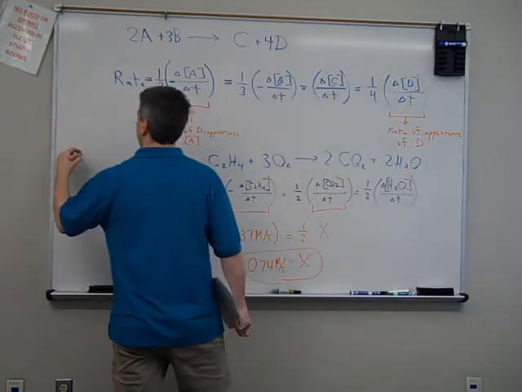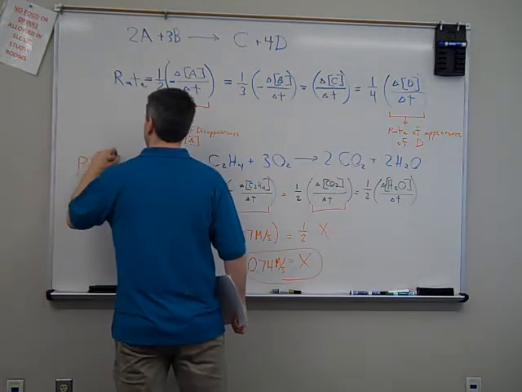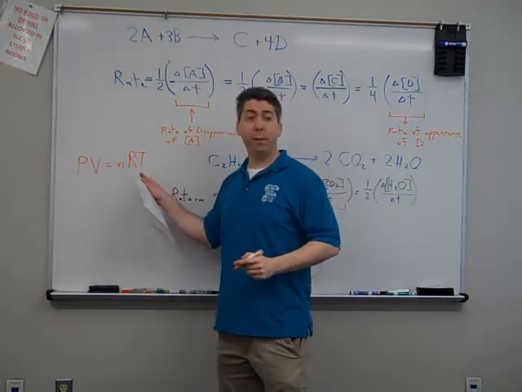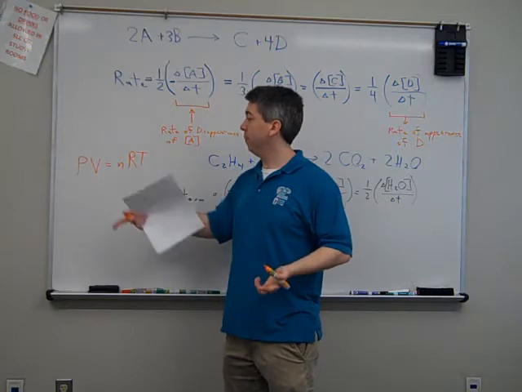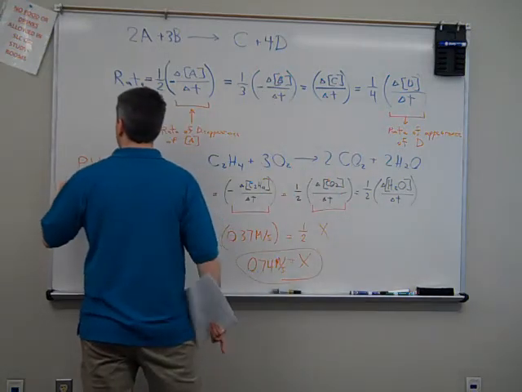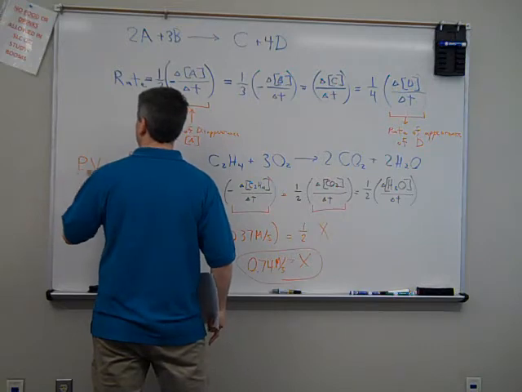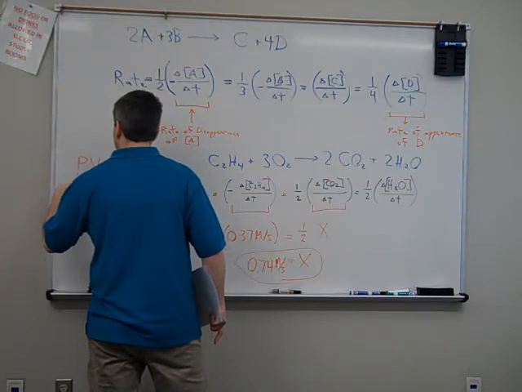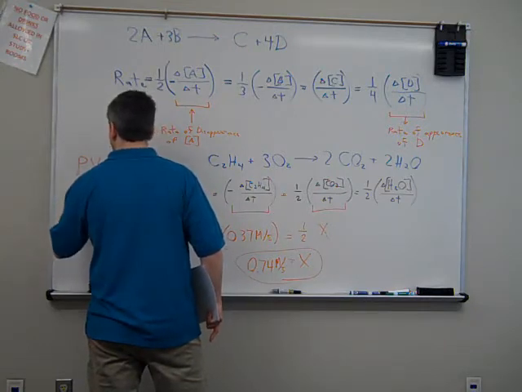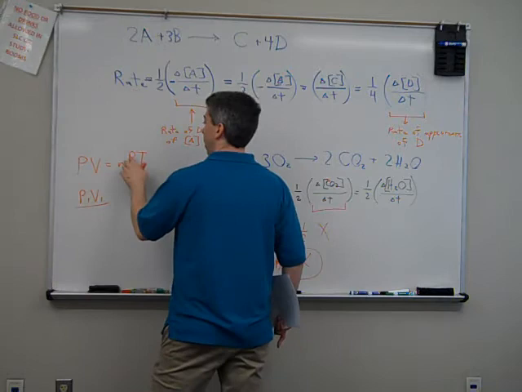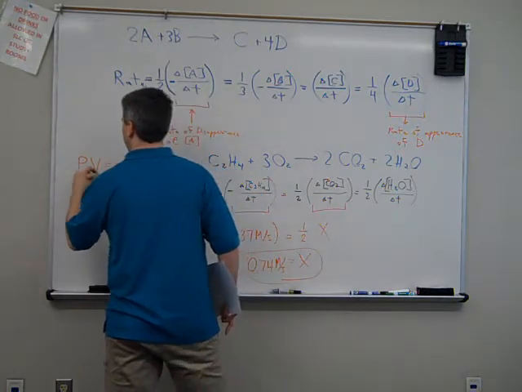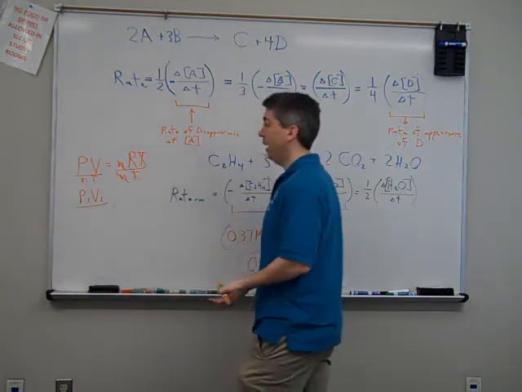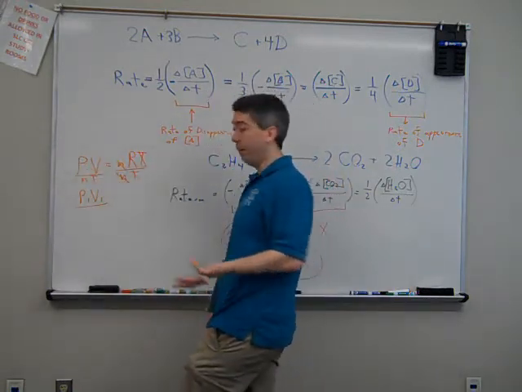For example, if you remember PV equals nRT, does that look familiar to you? If the temperature is constant and the volume is constant, so you're comparing one pressure to another pressure, essentially comparing two gas samples, since R is a constant for any ideal gas, PV over NT should always give you the same number.